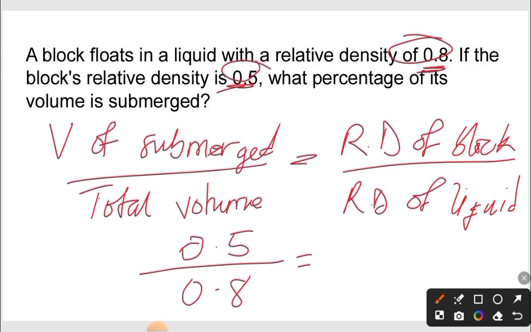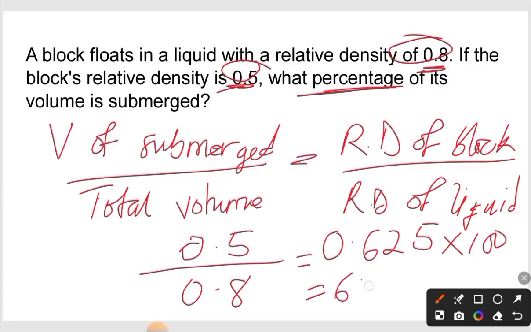So the formula for relative density could also be relative density of substance over relative density of water. Over here it's a liquid. We are going to have 0.625. Now we ask what is the percentage. To get percentage, all you have to do is to multiply this by 100. We are going to have 62.5%. So 62.5% of the block's volume is submerged.